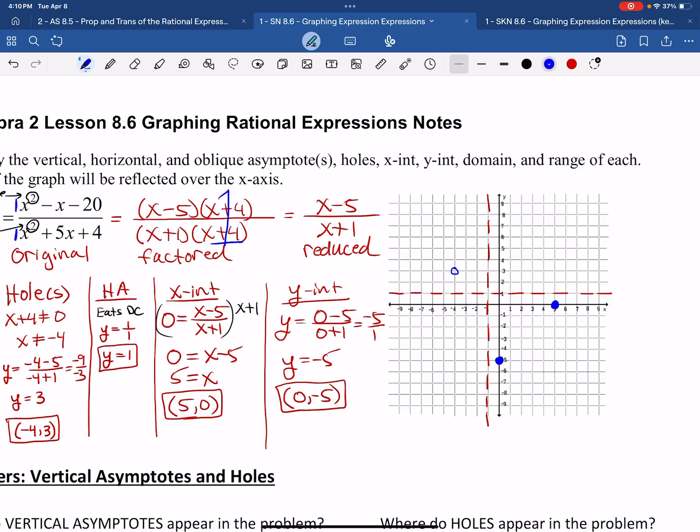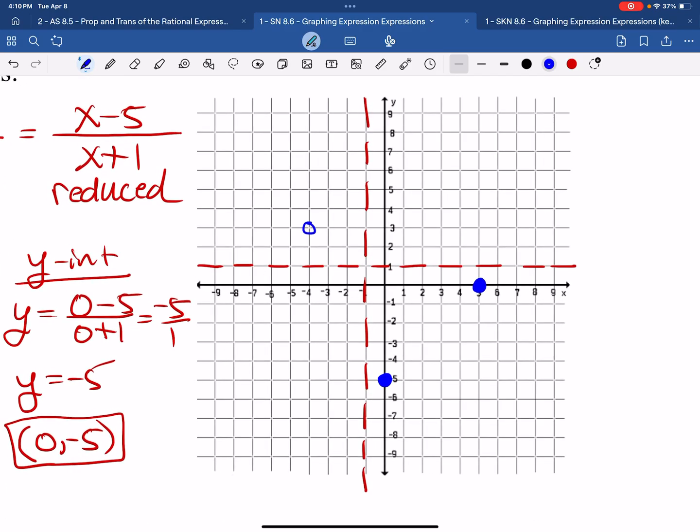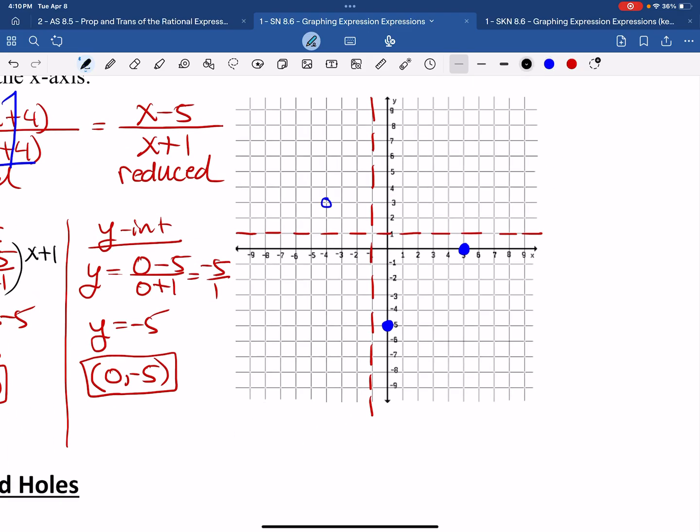All right, so now we've got 2 points. And we can kind of see that our graph's going to do something like this. What we need to do to be a little bit more accurate is find a point right there. So right underneath the graph, we're going to write additional points. I'm going to choose 2 because I know that it'll give me a whole number, and I think 1 will also, but we're going to choose 2.